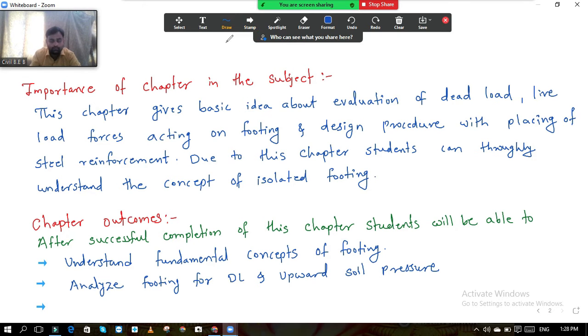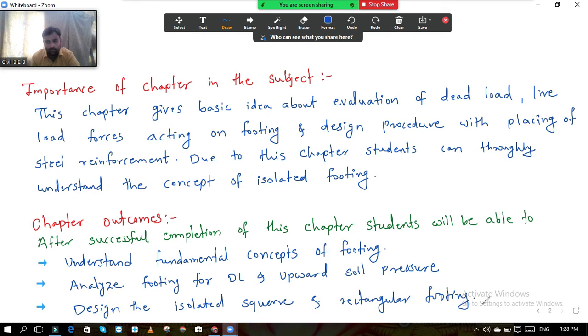Third, students will be able to design the isolated square and rectangular footing. So these are the chapter outcomes in this chapter. After successful completion of this chapter, you should be able to achieve these goals.